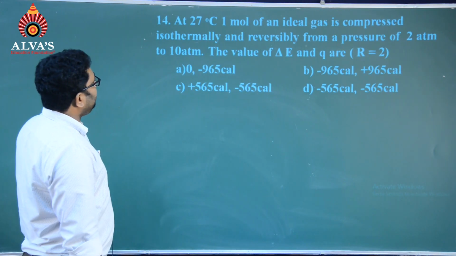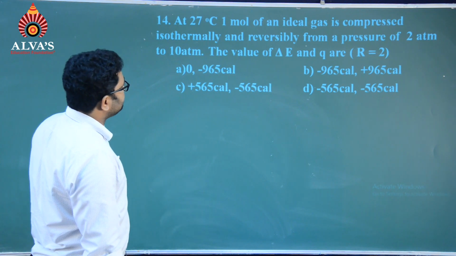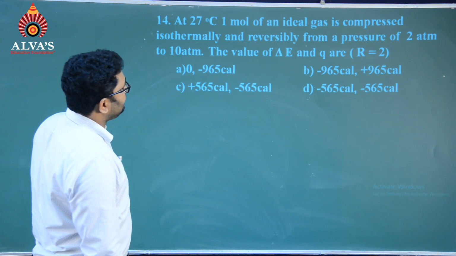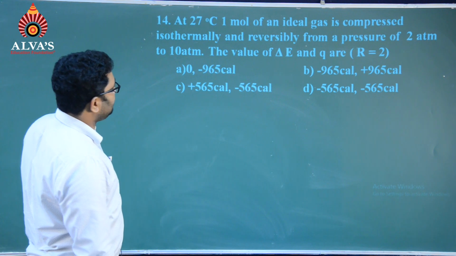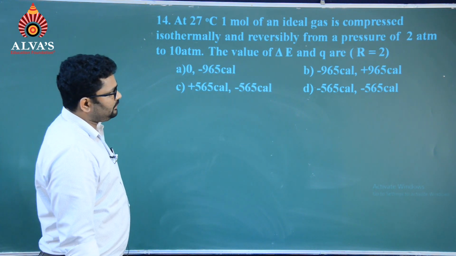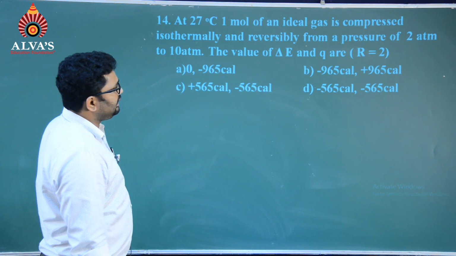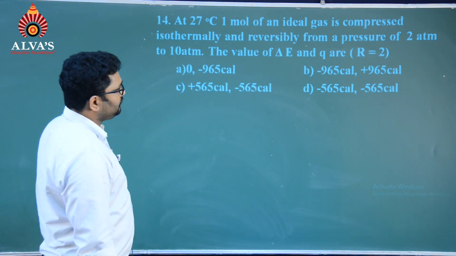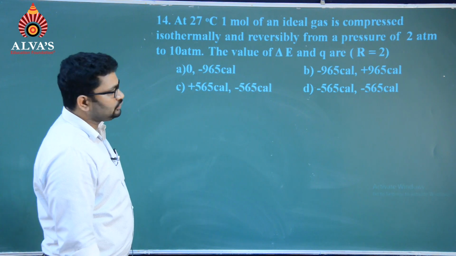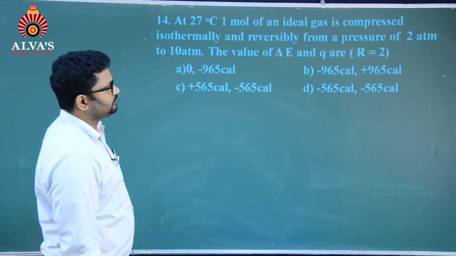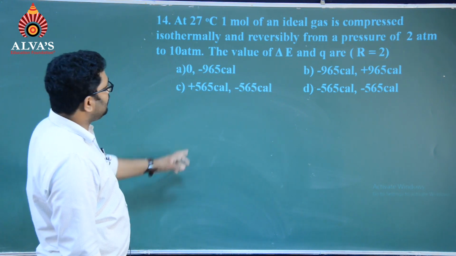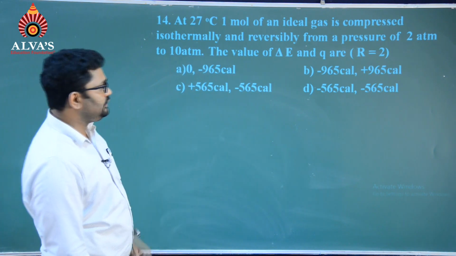Question number 14. At 27 degrees Celsius, 1 mole of an ideal gas is compressed isothermally and reversibly from a pressure of 2 atm to 10 atm. The value of change in internal energy, that is delta E, we have to calculate, and heat Q we have to calculate. R value is 2, because all are there in the kilocalorie, R value is 2.